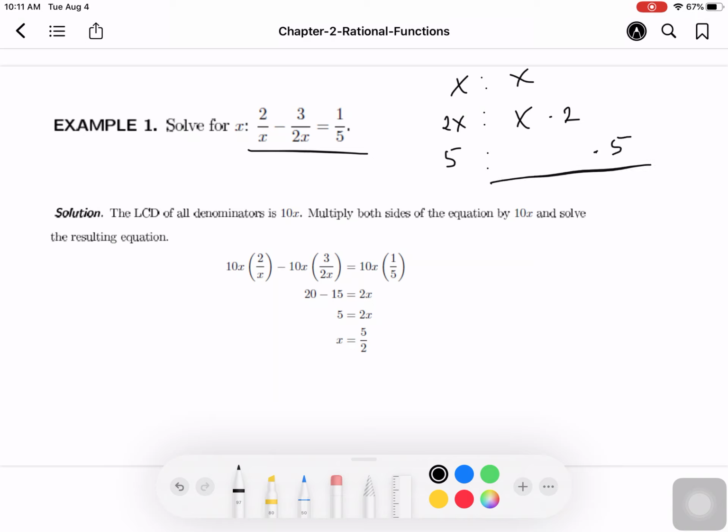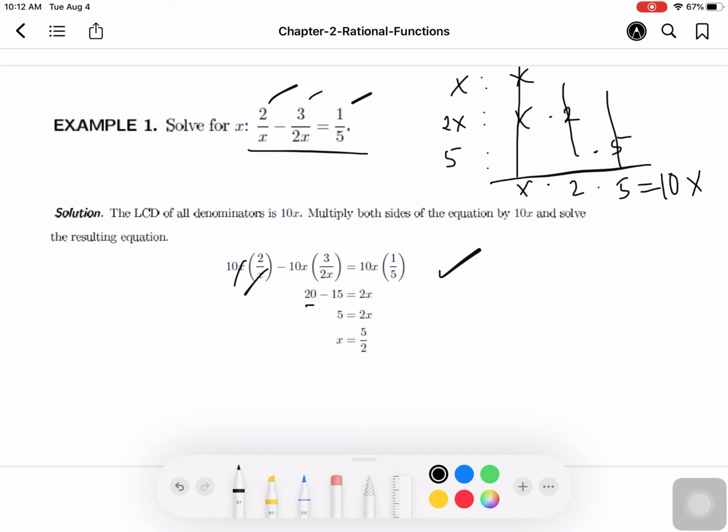So to get your LCD, you do this. So this is for the column x times 2 times 5. So that is why we have the LCD as 10x. Okay, so multiply all of the terms, 1, 2, 3 by 10x. So that is why we have this. Multiplying by 10x, this will cancel out.